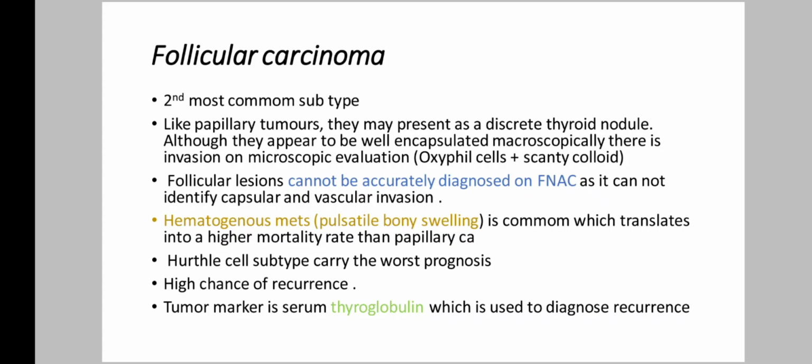Ideally, we go for hemithyroidectomy, and then in the biopsy we confirm if it is a follicular adenoma or follicular carcinoma. And the follicular carcinoma metastasizes via the hematogenous route. So like in many of the questions, you will find a clue, that is a pulsatile bony swelling, maybe in the forehead or any part of the bone, with a thyroid malignancy.